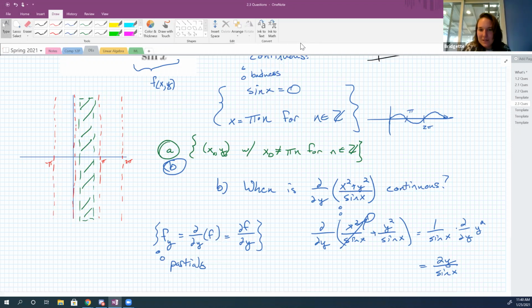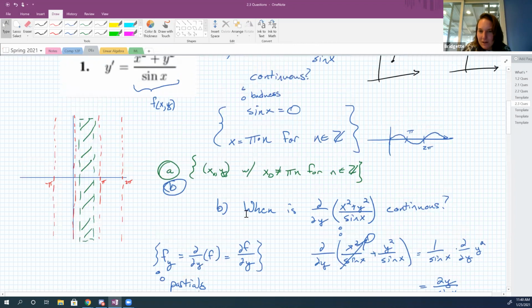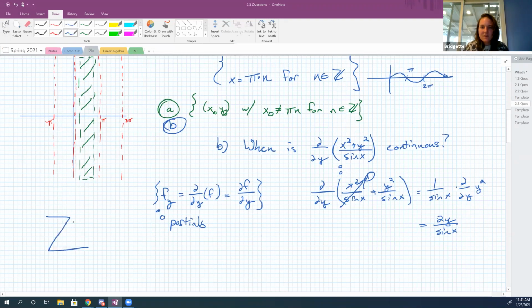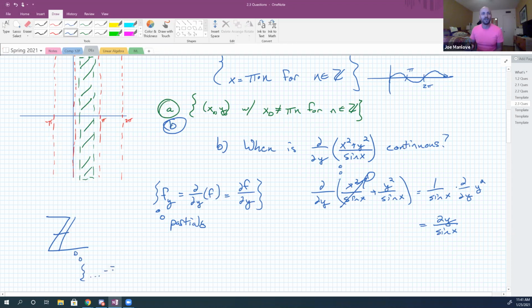Can you explain your notation for when it's discontinuous? You have n within Z. Oh yeah, that's a capital Z. That is this symbol, a Z with a double bar. This traditionally means the set of integers. So the counting numbers, the negative counting numbers, and 0.